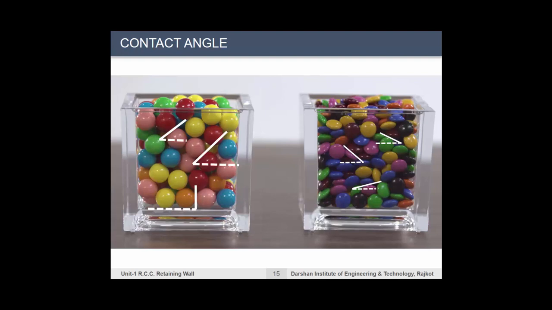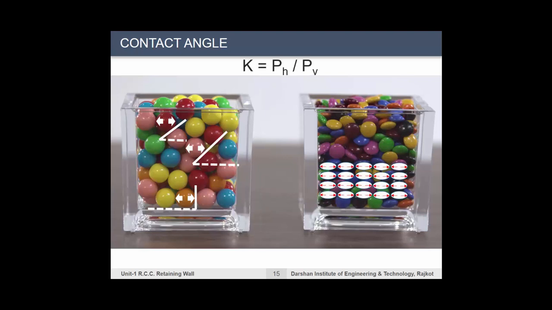These angles and the coefficient of friction between adjacent particles determine the magnitude of the outward pressure pH that is generated, and so they affect the value of K. If these ellipsoidal candies are laid mostly horizontally, they will produce less horizontal force than if they were randomly placed or if they were spherical. Also, if the surface of these candies becomes sticky, the lateral force will be reduced.